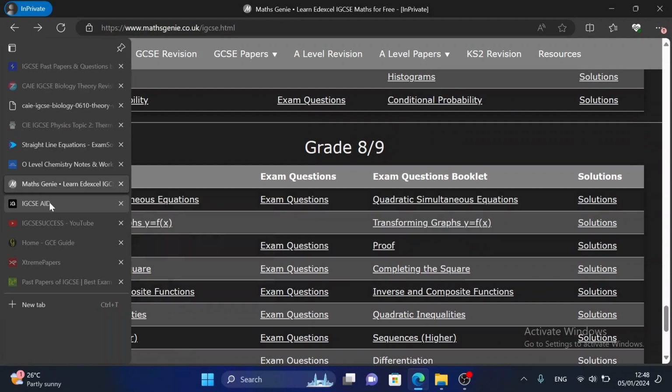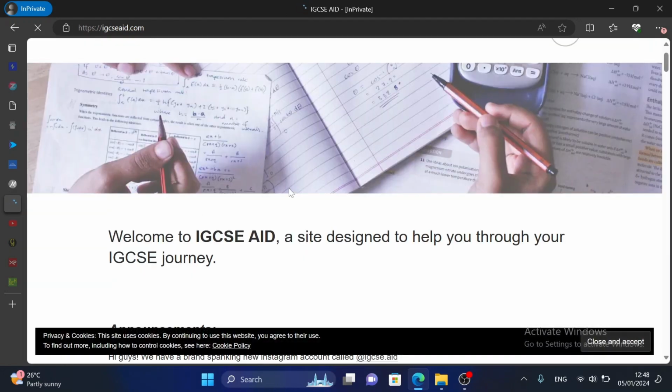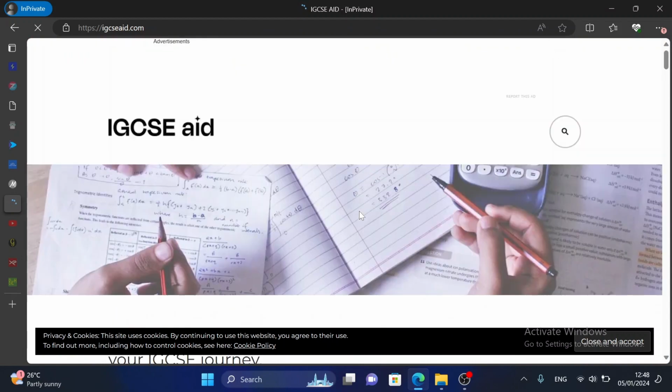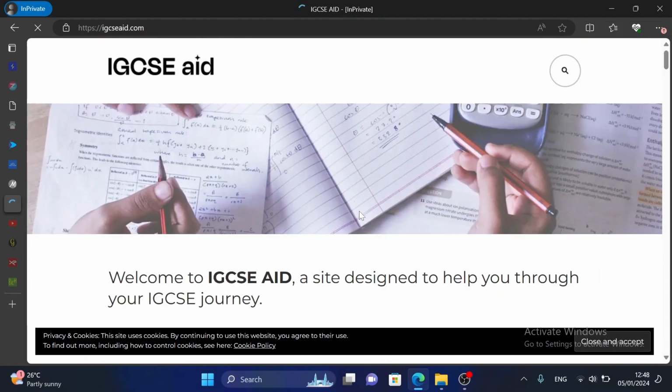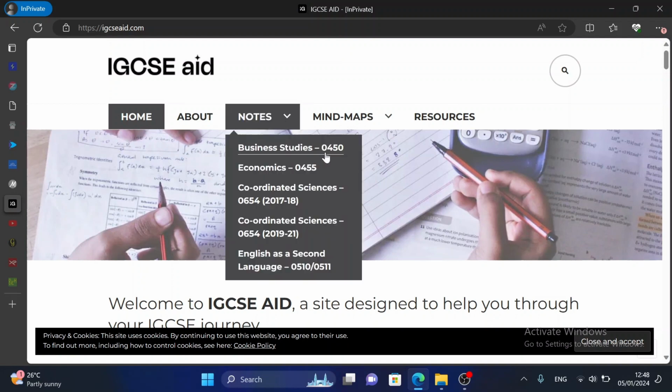Now we have IGCSE Aid, which I think is more for those who are doing business, economics. Yeah, as you can see, they got business studies, economics, coordinated sciences. English as a second language as well.